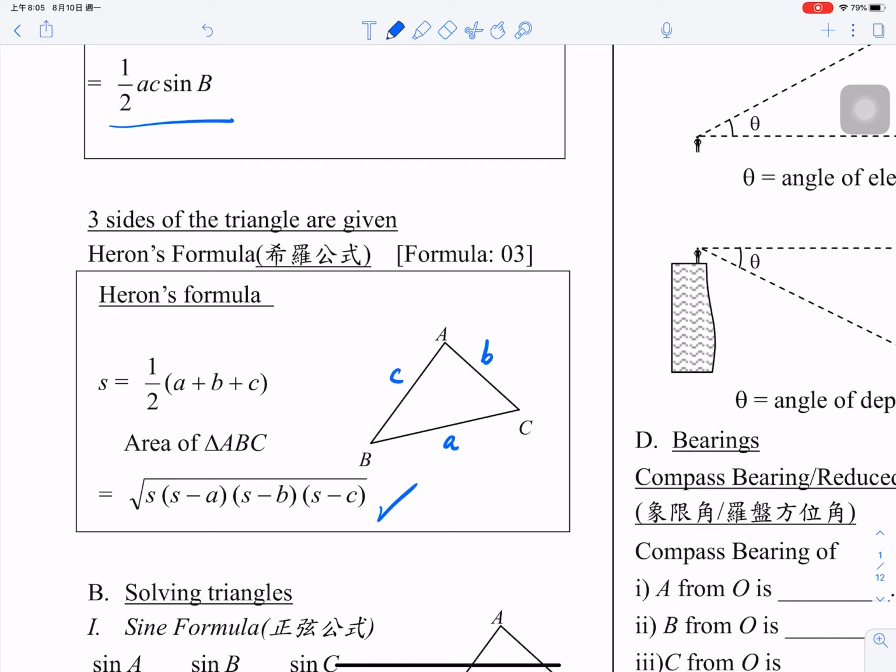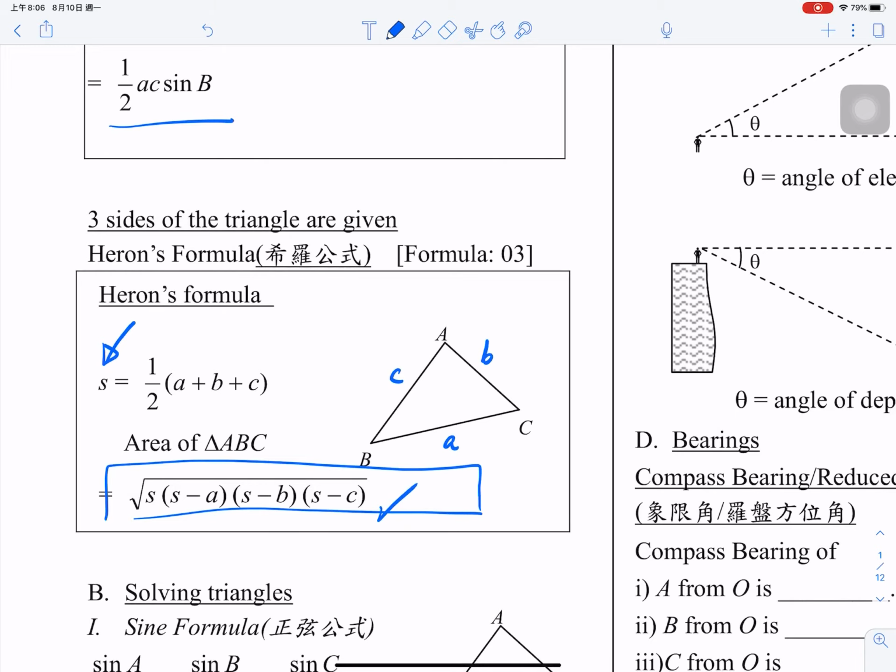Do you remember? s is half of the perimeter of the triangle. Then s times (s minus a) times (s minus b) times (s minus c), all together take the square root. Then you can also find the area of the triangle. Okay? Please remember.